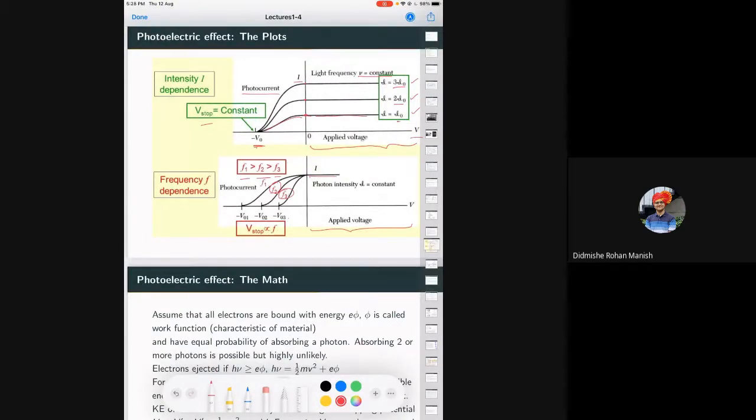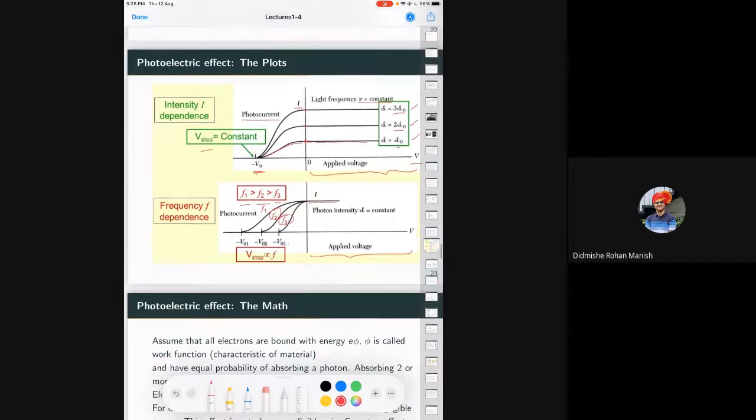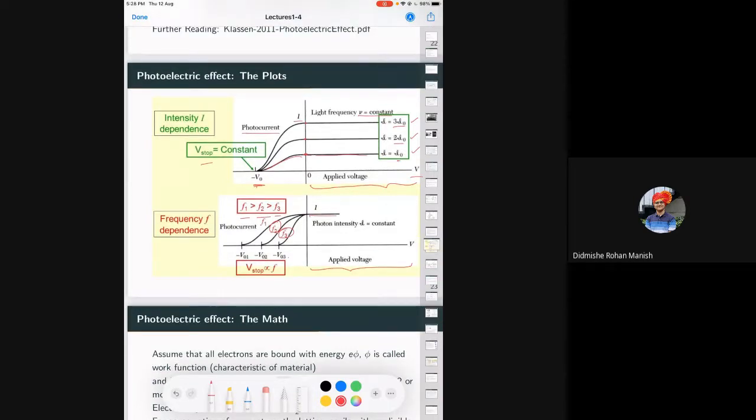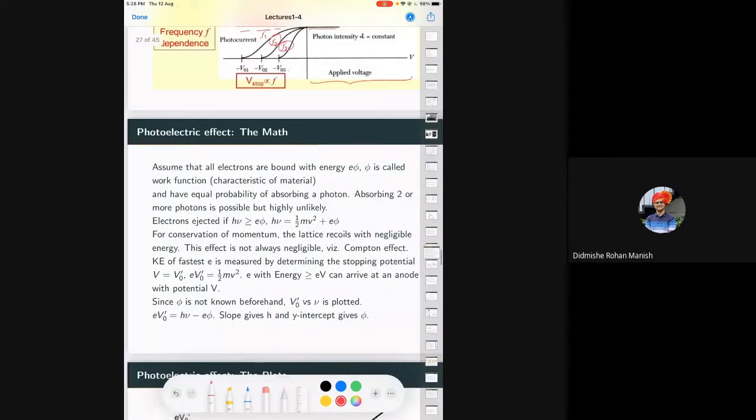How? Let's see. So let's say in order for this electron in the metal to get emitted, there is a minimum energy, E phi. Okay. So this is in a metal, so they are loosely bound, but there is a binding energy, so that has to be overcome. And this binding energy is a characteristic of what metal you are using. So this is E phi. E is the charge of the electron, and phi is what is called the work function.